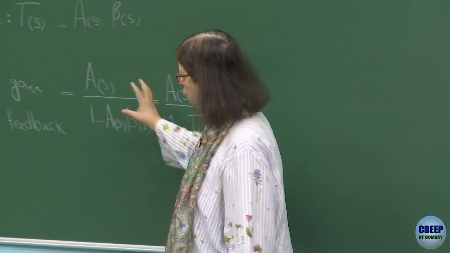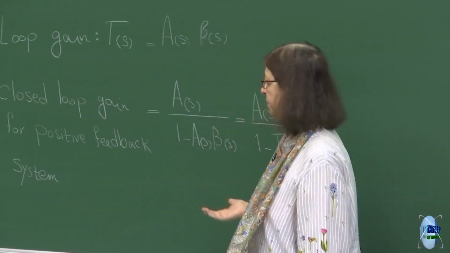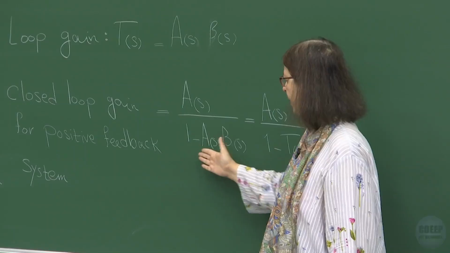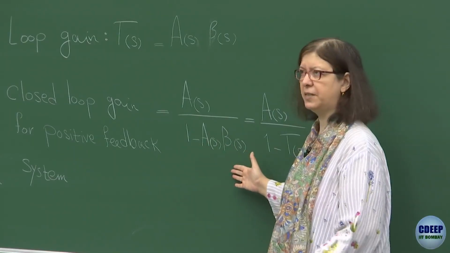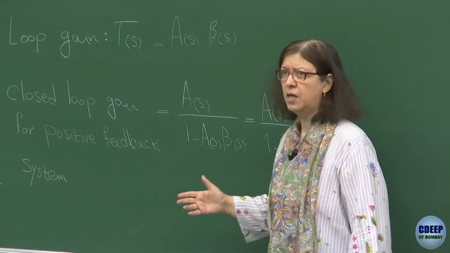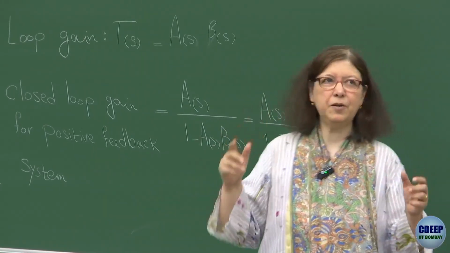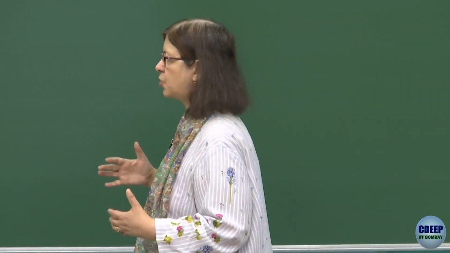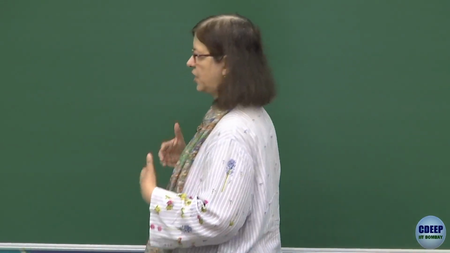And the closed loop gain, if you have a positive feedback system, will be A(S) over 1 minus loop gain. If it is a negative feedback system, it's 1 plus. Of course, this is just the sign of the subtractor at the input. It could be a subtractor or a summer that adds. But the notion of positive and negative is just because of that.